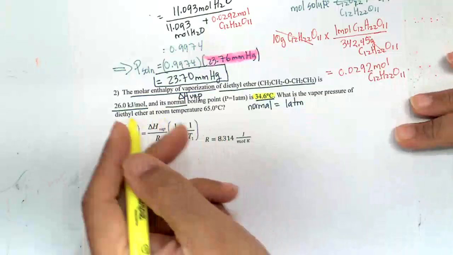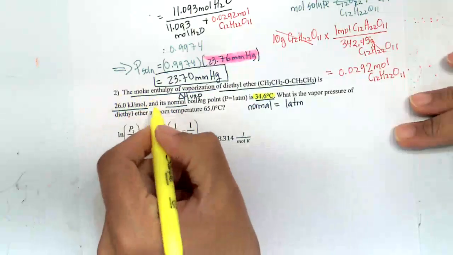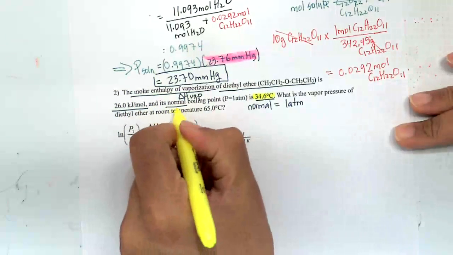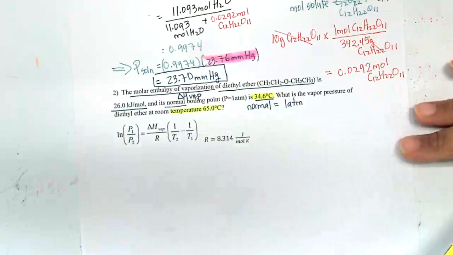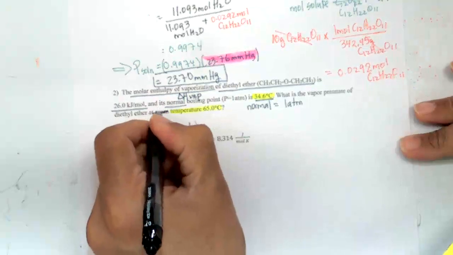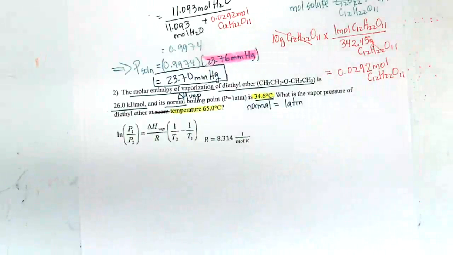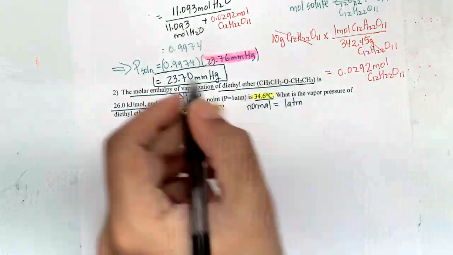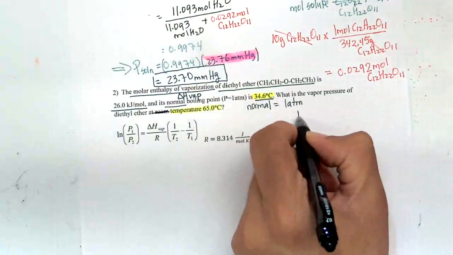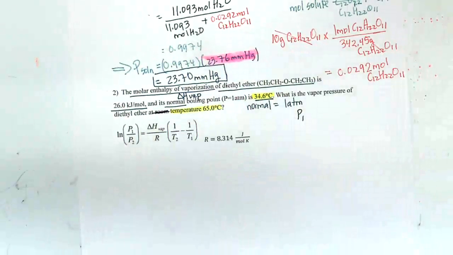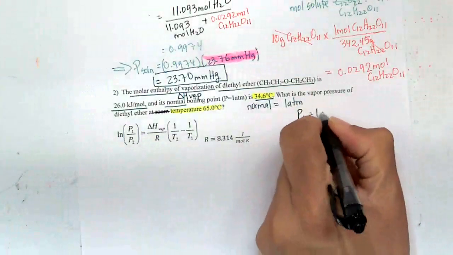Okay, what is the vapor pressure of diethyl ether at 65 degrees, not room temperature? It's not room temperature, so you can cross that out. 65 degrees. So we have here at P1, 1 atmosphere, which is the same thing as normal.